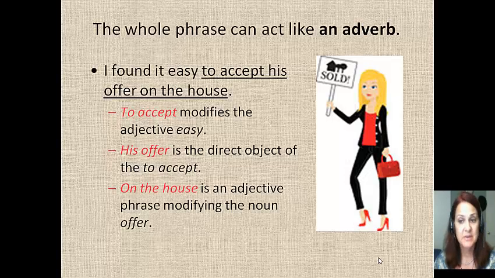To accept modifies the adjective easy. His offer is a direct object of to accept. And on the house is an adjective phrase modifying the noun offer. So the whole thing itself functions as an adverb modifying easy.